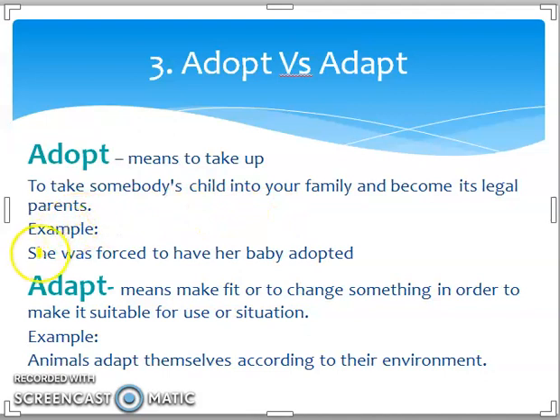Alright? The second word is adapt, meaning to make fit or to change something in order to make it suitable for use or for a situation. For example, animals adapt themselves according to their environment. Yeah, this is true. You might have personally witnessed it that some animals adapt themselves according to their environment.